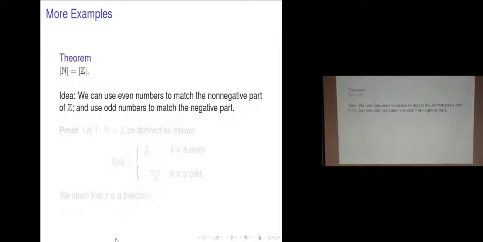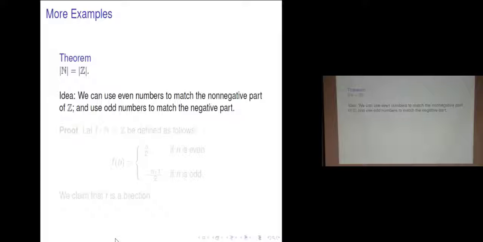If you look at the picture, Z has infinitely many negative numbers, more than the natural numbers. So it's like Hilbert's Hotel. Suddenly you have infinitely many negative numbers you want to slot in.